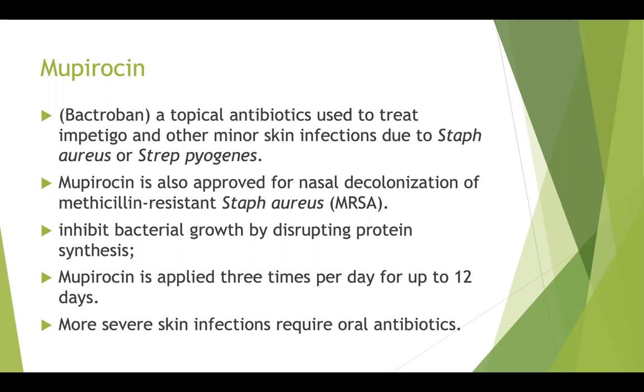The disadvantage of mupirocin is that it is only used for less serious skin infections. If the skin infection is a little bit more severe, then the doctor should prescribe a stronger medication, not mupirocin.